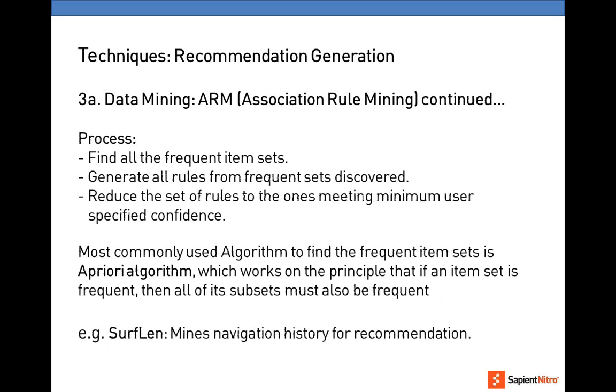Given all these facts, this is the process of how we use association rule mining. We find all the frequent item sets. How do we do that? If you jump directly to the last part of the slide, there is the Apriori algorithm, which works on the principle that if an item set is frequent, all its subsets will be frequent. Then what we do with the frequent item sets is generate all the rules from those frequent sets that we discovered, and then we reduce the set of rules to the ones that meet the minimum user-specified confidence.